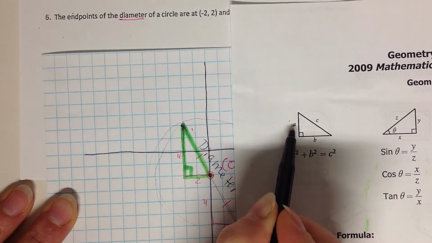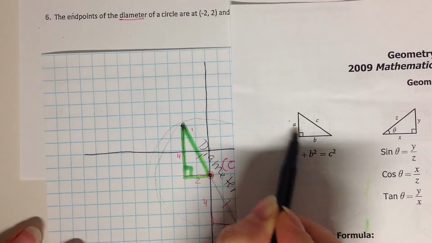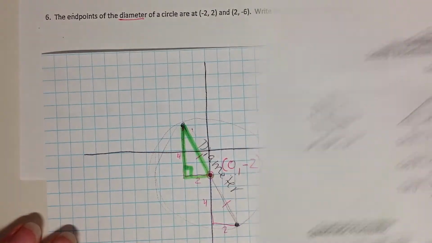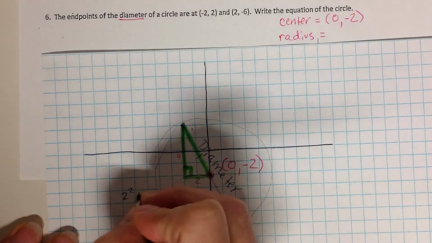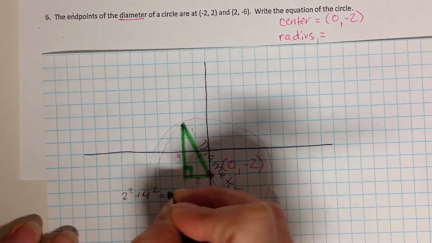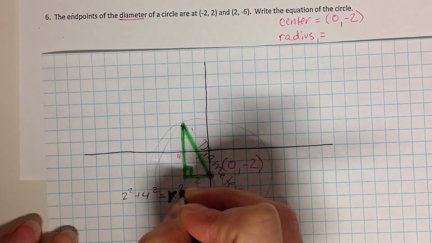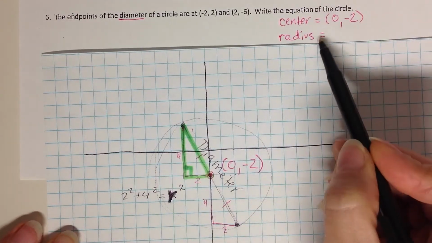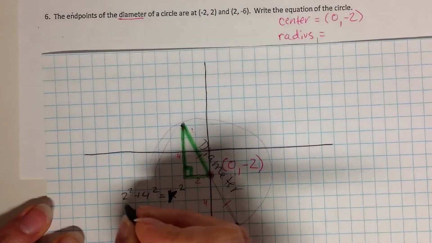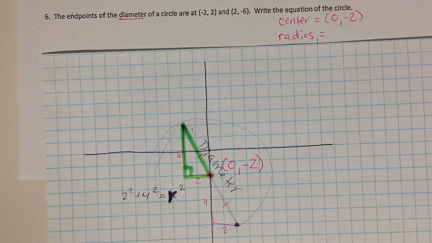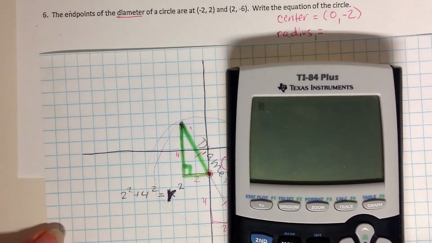Remember that when you're using Pythagorean theorem, the hypotenuse goes by itself over here. When you're finding distance on graph paper in a coordinate plane, you're always using your rise and run for A and B. So 2 squared plus 4 squared equals, you know what, I'm going to put radius squared right here. I could put x, but what am I finding? I'm finding radius. So I can do all that math at once on my calculator since it's on the same side.